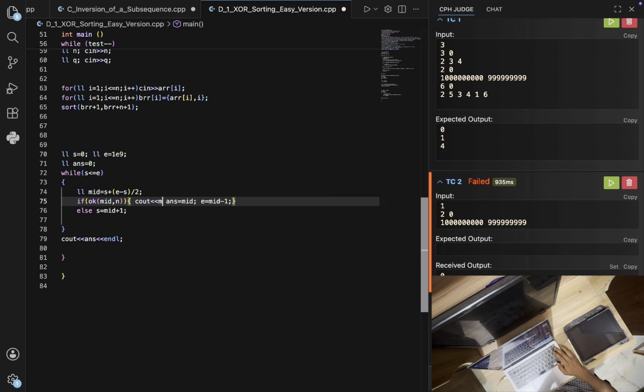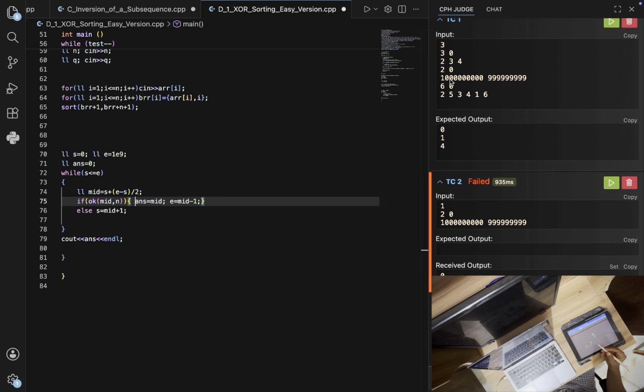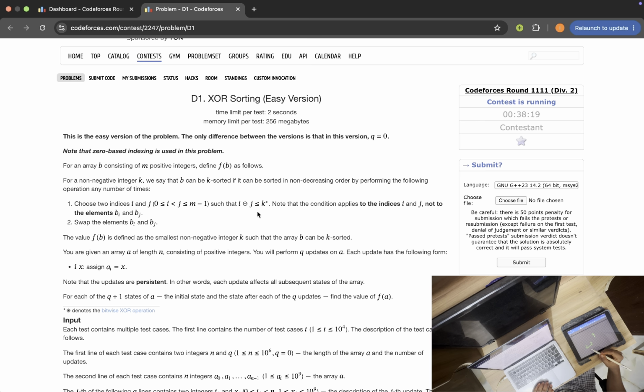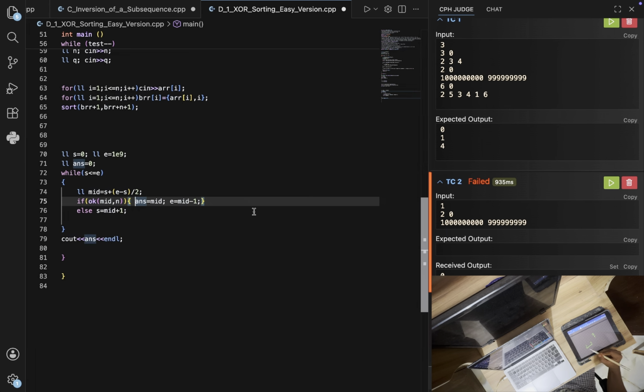Nothing. For 1 I get 1 and 2. If I XOR them, it's going to be 3 actually.